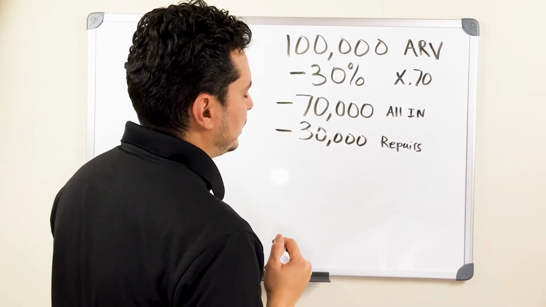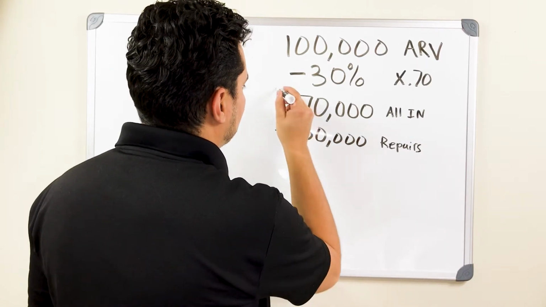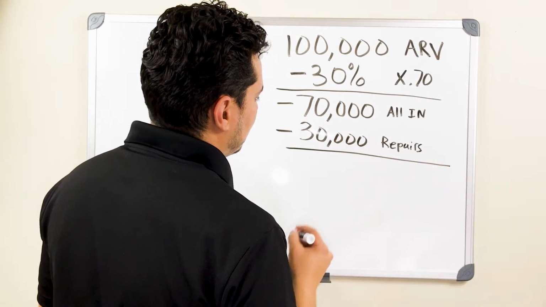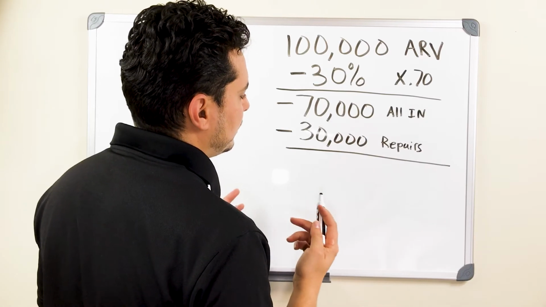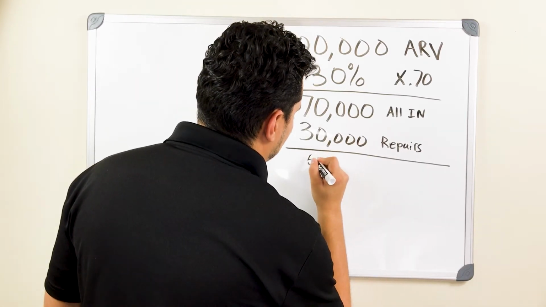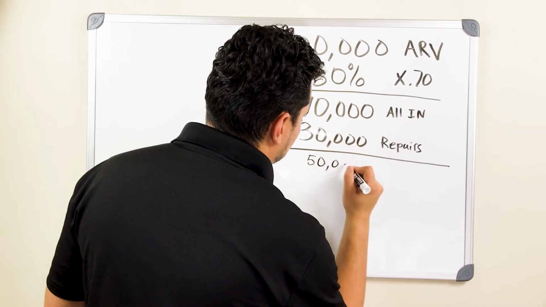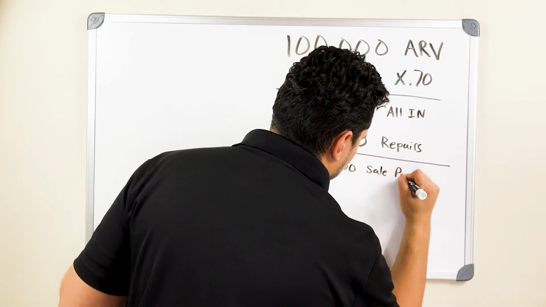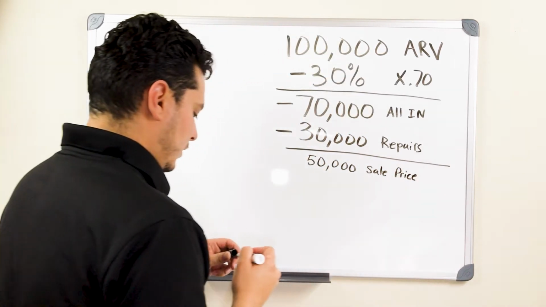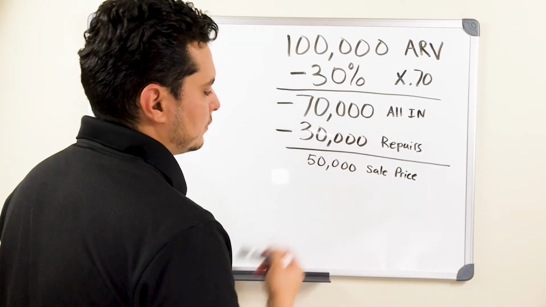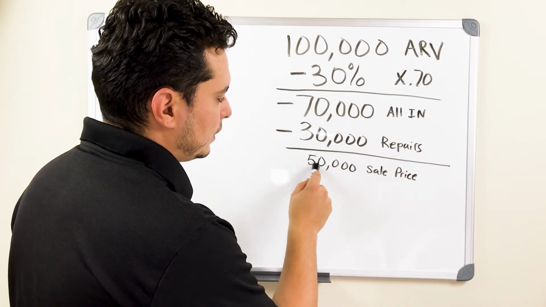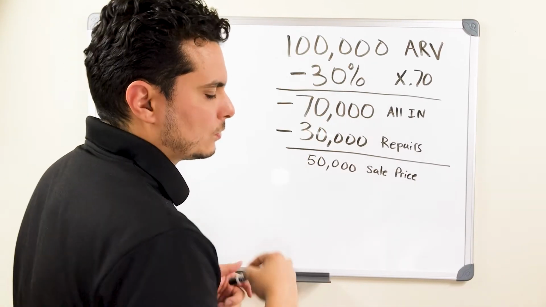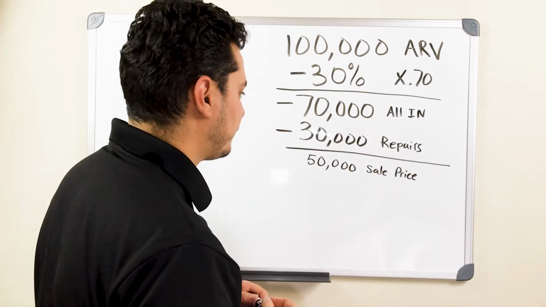So 30,000 in repairs, and we are going to come down to 50,000 is our sale price to the investor. This is the price that you're going to sell it to the investor for. He's going to buy it off you for 50. He's going to put 30 into it. He'll be all in at 70,000, which will give him his ARV of 100,000 on the property.